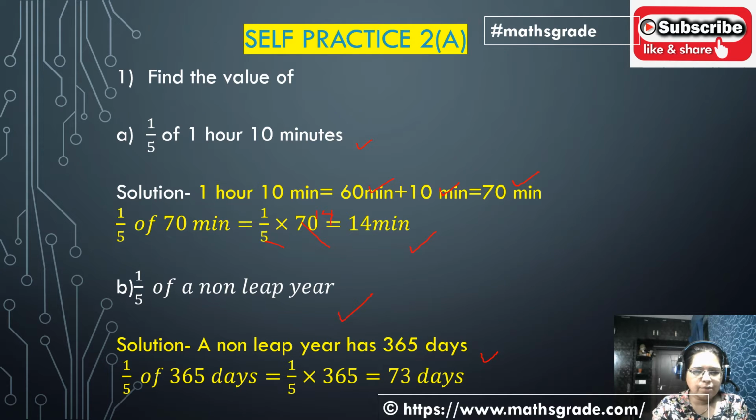So 1/5 of a non-leap year is 1/5 multiplied by 365. 5 multiplied by 73 gives 365. So 1/5 of a non-leap year is 73 days.